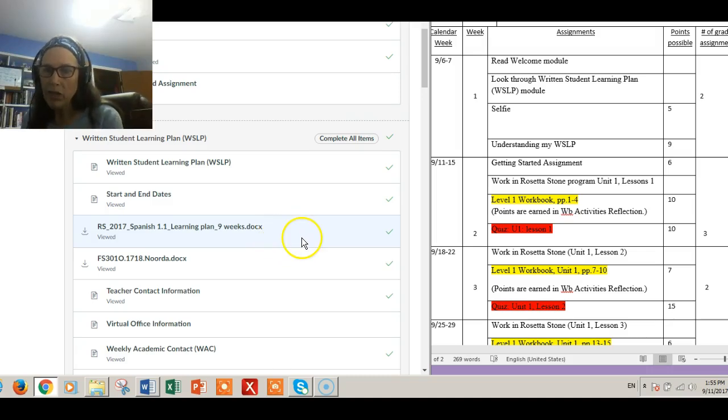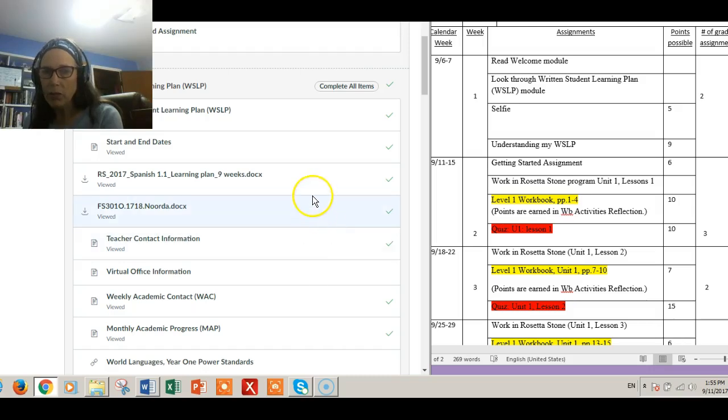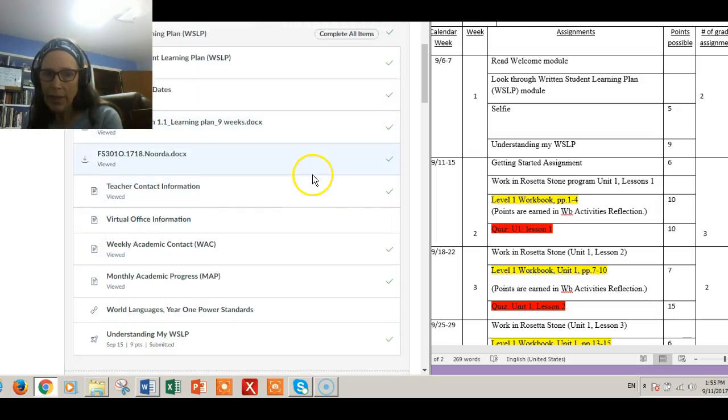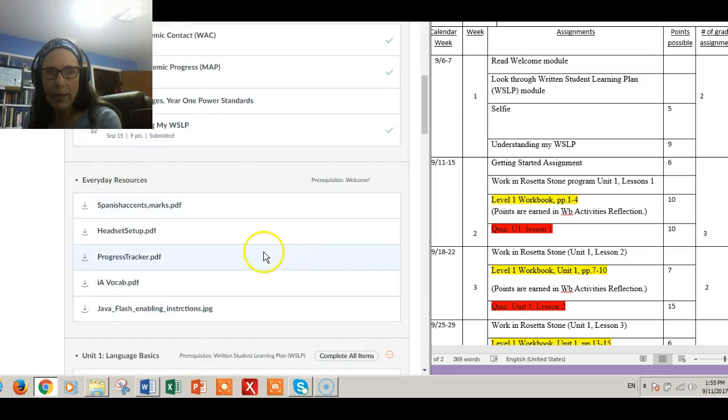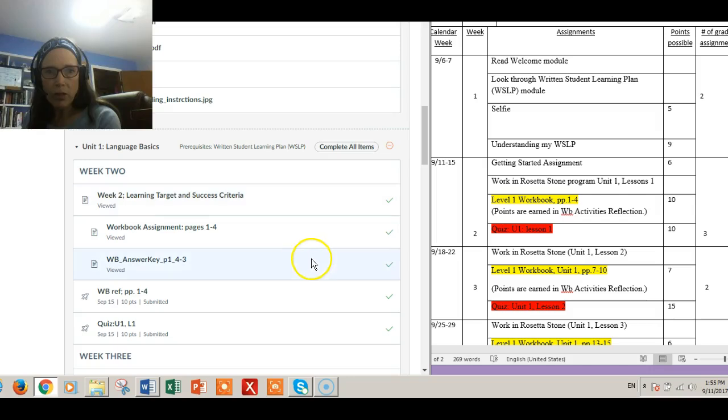But it might change. I might switch things around a little bit, but mostly it's set for the semester. There's all kinds of information in here about how our class progresses, and then of course you turned in your Understanding My SLP. There's everyday resources here that can help you when you have questions.